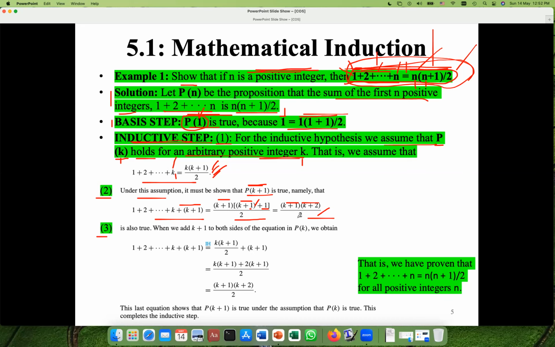By using P of k, because that is our assumption. So now, take this side, which is the left hand side. So 1 plus 2 plus and so on plus k.